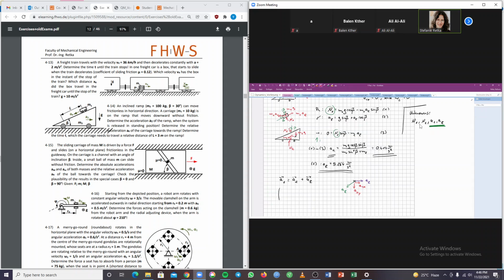With this assumption, we can state the vectors. We do not have to decompose A2 since it points in horizontal direction. We only have to decompose the relative acceleration. So here it would be minus AR cosine beta and AR sine beta.